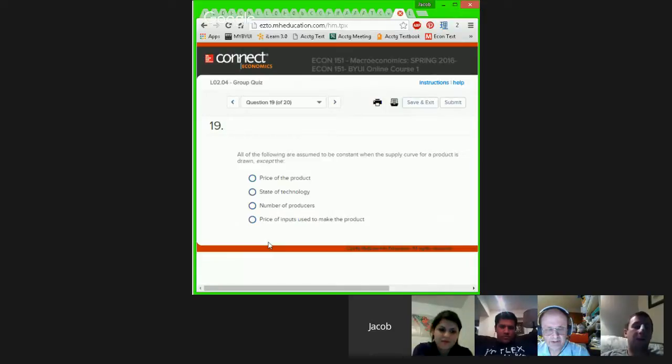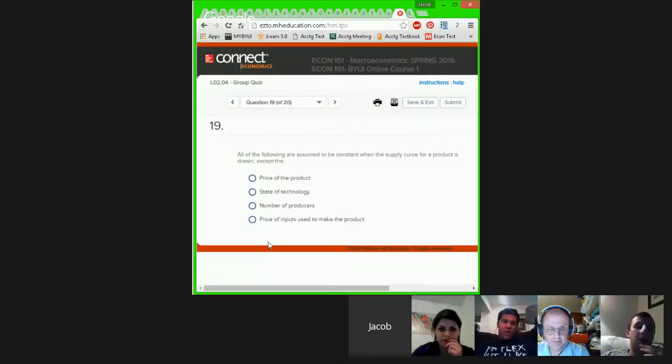Okay, so this is the supply curve, so it's not the demand curve, and it's not the production possibilities curve. So those other ones are out the window. I know that A and B continue to be the same, but I don't know about C and D. My answer was A, because if you look at a supply curve, there's all sorts of prices that you can put on the input.